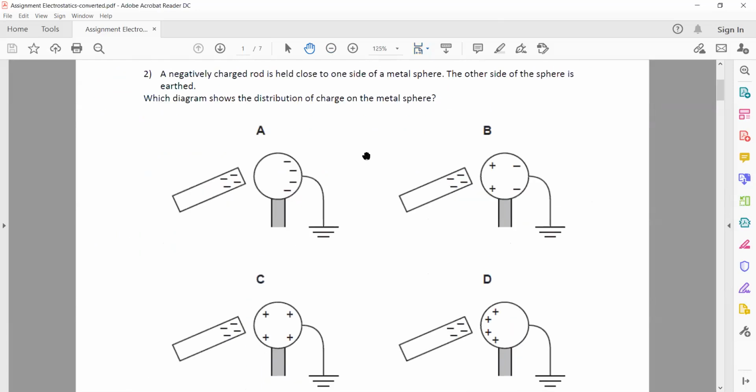In question 2, a negative charged rod is held close to one side of a metal sphere. The other side of the sphere is Earthed. Which diagram shows the distribution of the charge on the metal sphere?